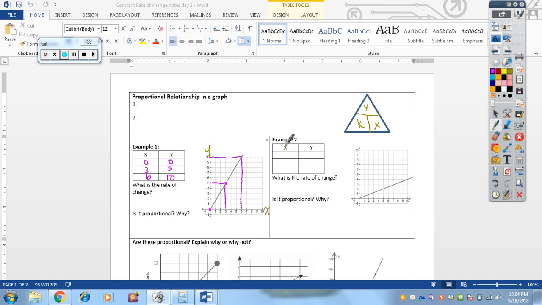So here's what we have. We have the 0, 0, right? That's called the origin. It's got to have 0, 0. We also have a constant.